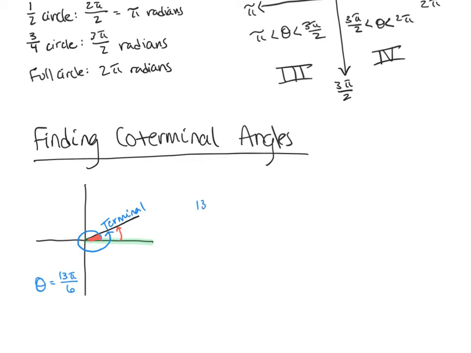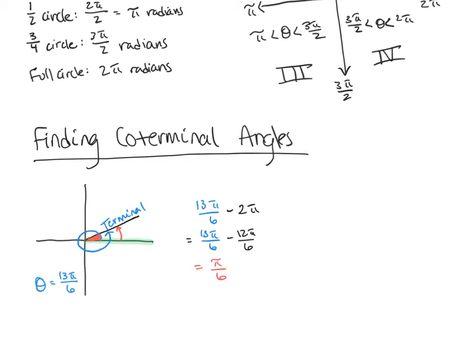So we're going to take that 13 pi over 6, and we're going to subtract 2 pi, or 1 full circle. I am going to change 2 pi into 12 pi over 6 so that I can subtract my fractions. And that is going to get us just pi over 6.